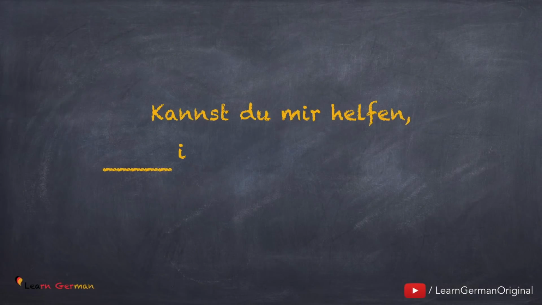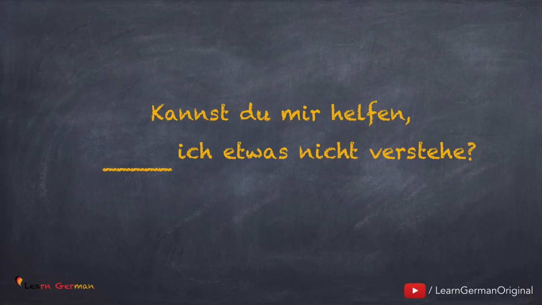Here's the next one. And your answer should be: Kannst du mir helfen, wenn ich etwas nicht verstehe? You can easily make out that there is a condition. The condition is when I don't understand something.